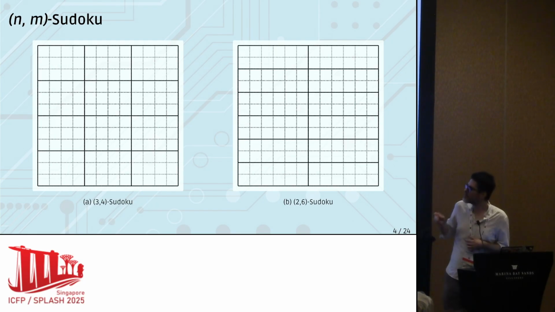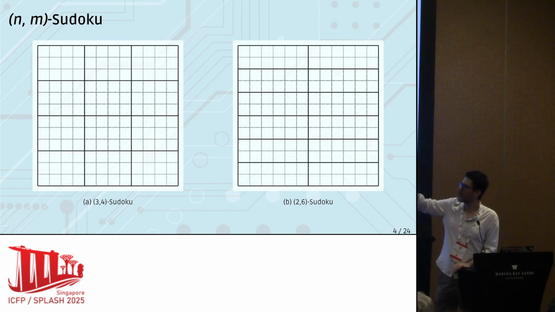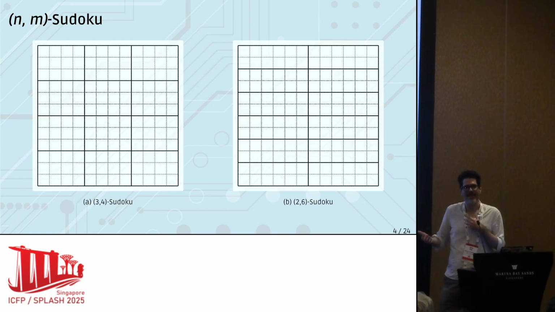And just a small thing. We can generalize this. You can generalize the Sudoku by its size. People normally think that the standard Sudoku is the 9x9 Sudoku, but that's actually not a very precise definition, because these two are both 12x12 Sudokus, but they have very different constraint structure.